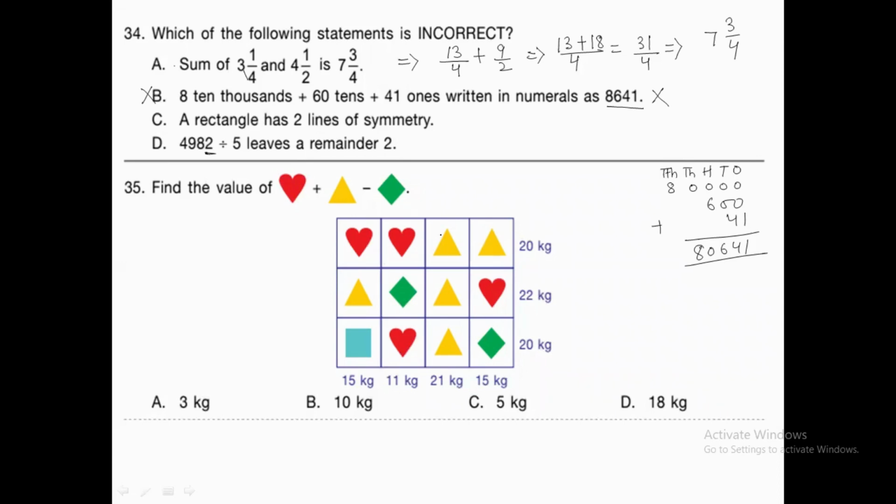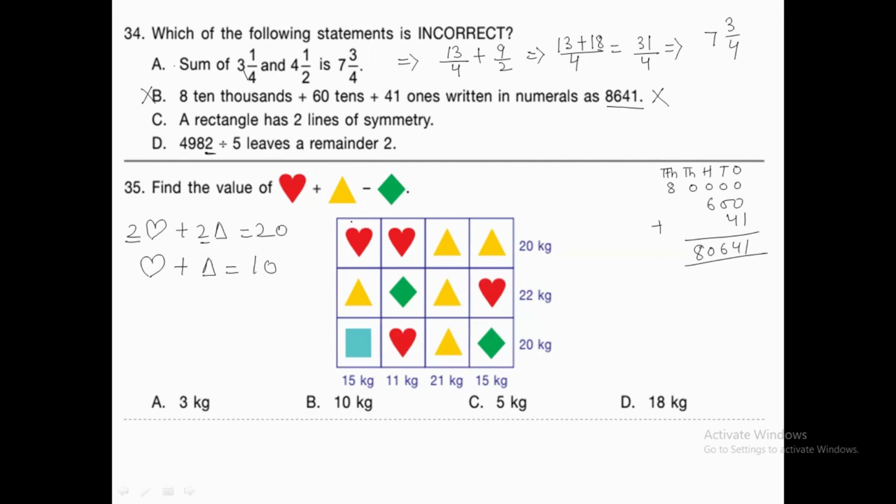So we need to find the value of heart first. So the value of heart plus triangle is equal to 10 kg, because 2 is here and 2 is here as well. Correct. That's why it will be 10 kg.